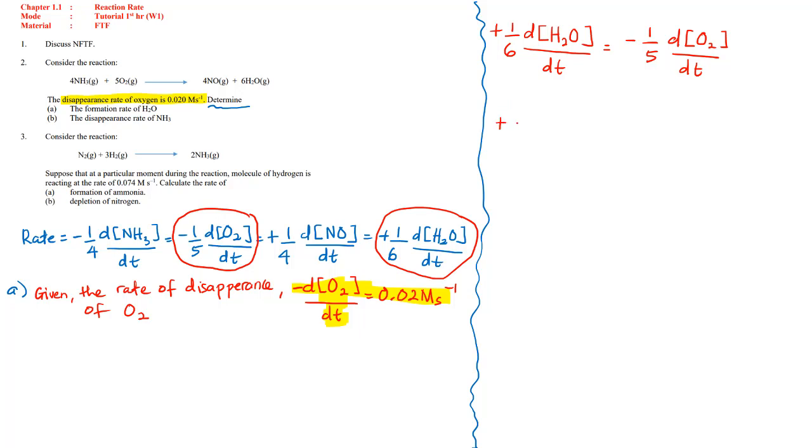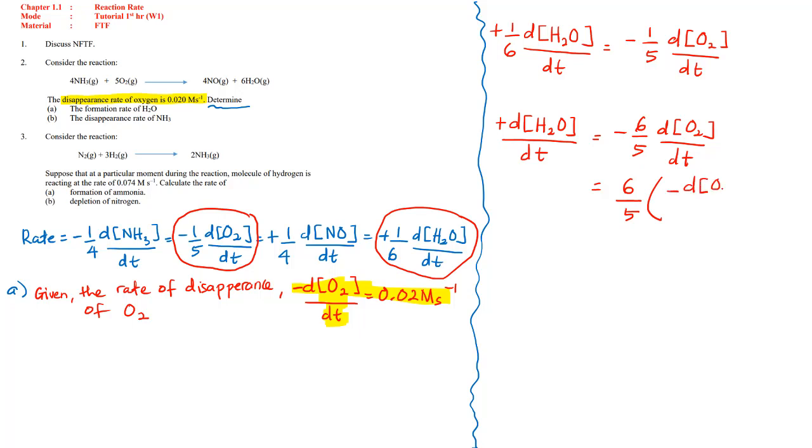We are going to determine the rate of formation of water vapor, which equals 6/5 times d[oxygen gas]/dt, or you can simplify it to make it easier: rate of formation of water vapor equals 6/5 times the rate of disappearance of oxygen gas.